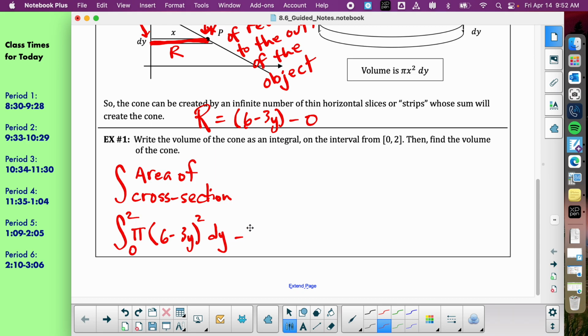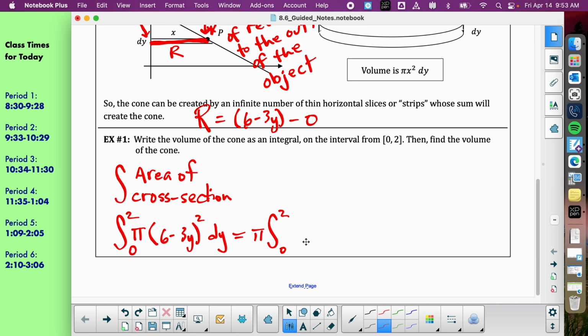Nolan, how would I integrate this? I would FOIL it out first. Yeah, there's different ways we could do this. One method is foiling it out and integrating them individually. The other method is U substitution. Whatever's going to be quicker for you is what you should do.